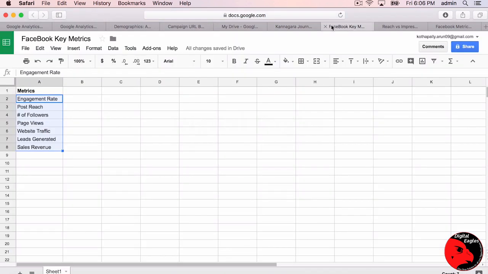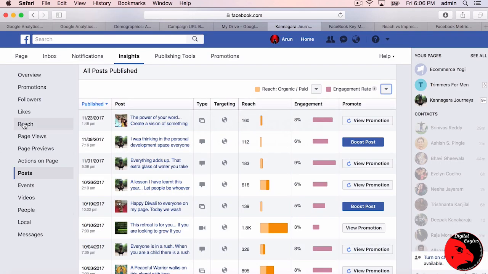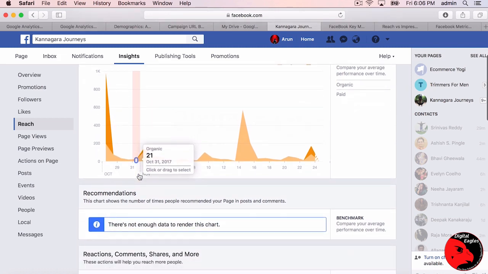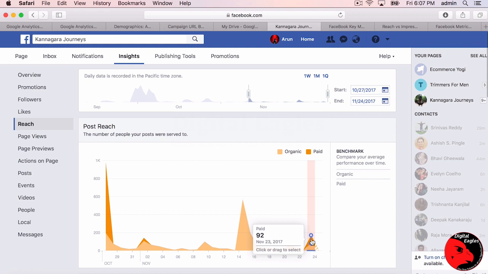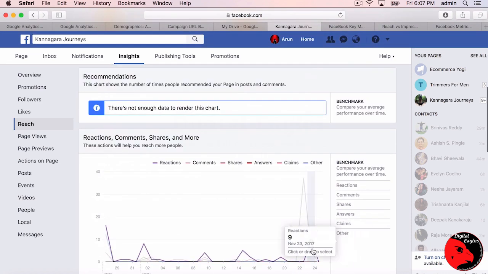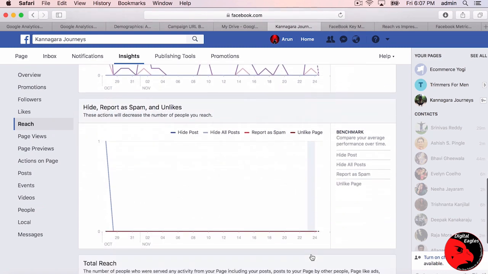The second metric is post reach. For that you have to go to the reach section and see what is working for you. If you see that 92 paid and 78 organic, paid ads is kind of influencing organic reach in Facebook, and this happens for all paid campaigns, not just this particular page which I am discussing.